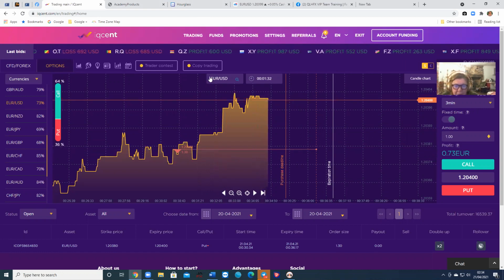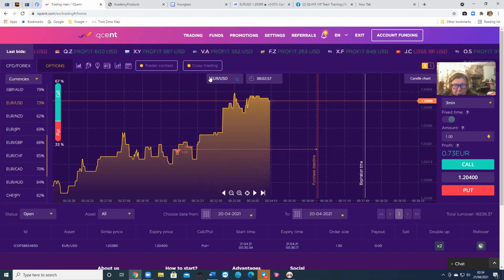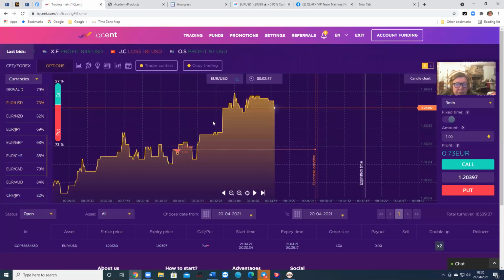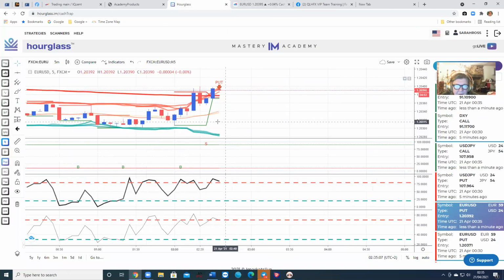We're now in for 6 minutes. So 3 doubles up to 6 and then 6 to 12. We don't do more than 2 rollovers. That's at 400. Let's have a look on HourGlass. Let's see what happens on this next turn. So as it's turning now, I've missed my deadline to roll over on that 5-minute candle. So sometimes these things happen.